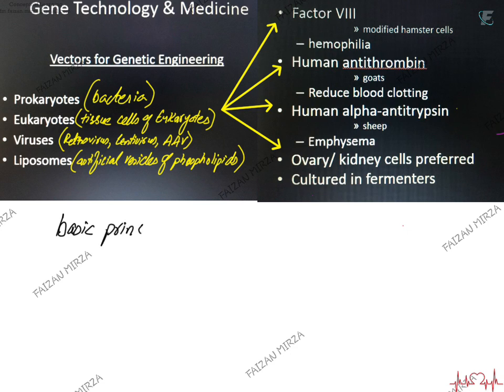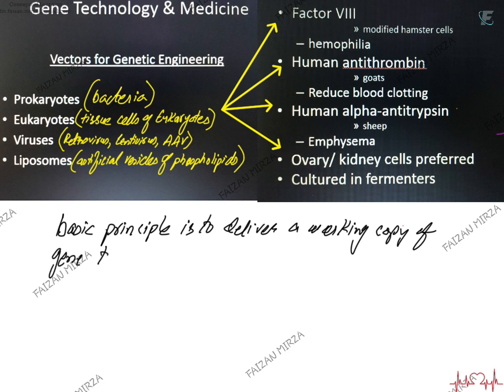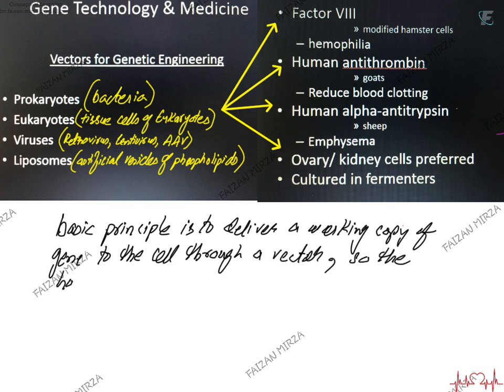What is the basic premise of gene technology in medicine and in the field? How is it applied? The basic principle is to deliver a working copy of the gene into the cell which initially was lacking it. Through this technology, the gene is incorporated into the cell, and this makes use of a vector.